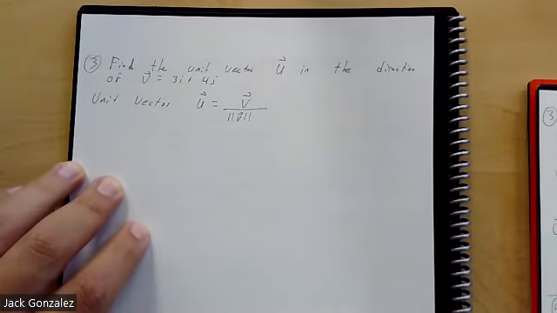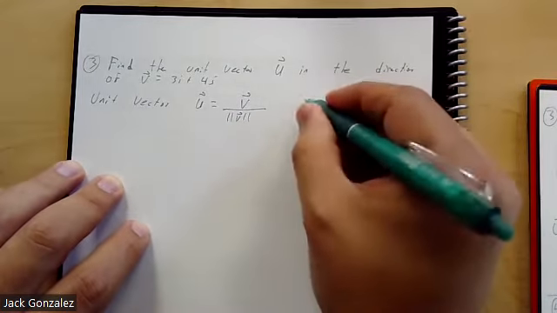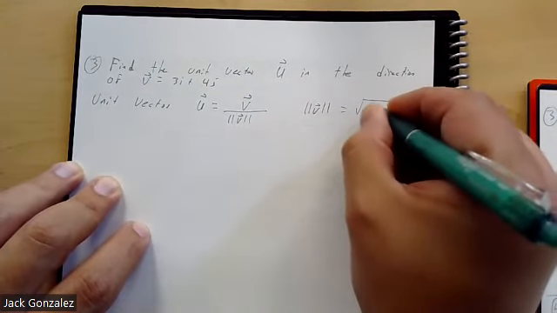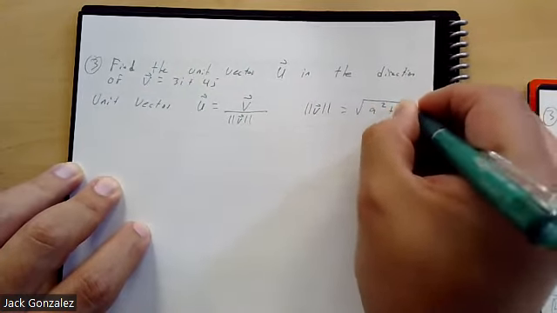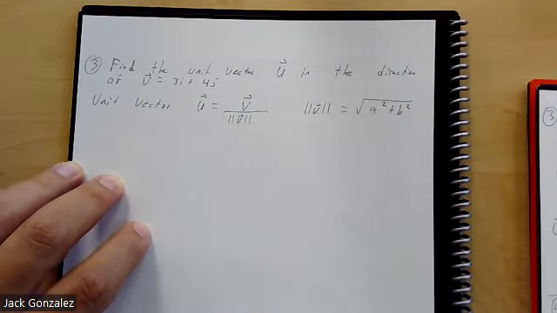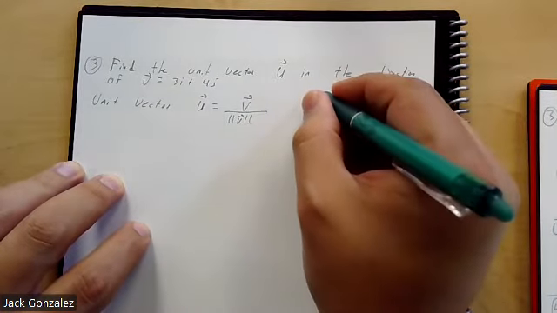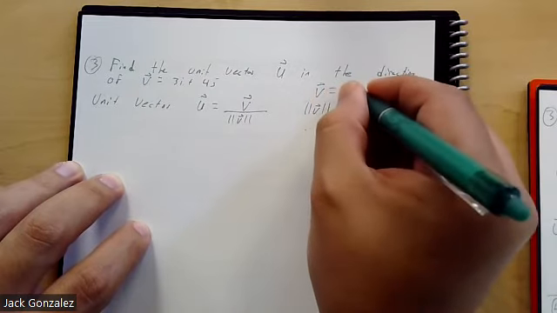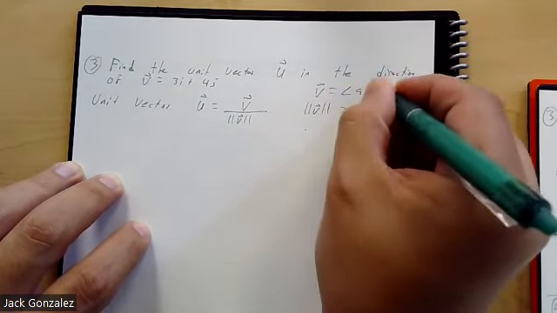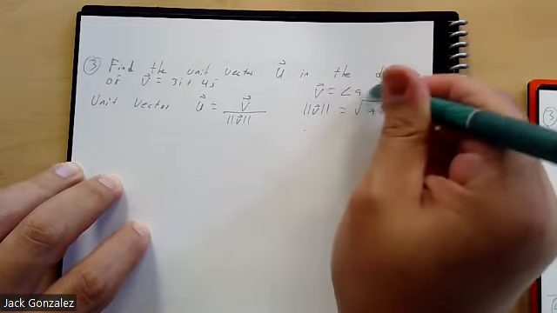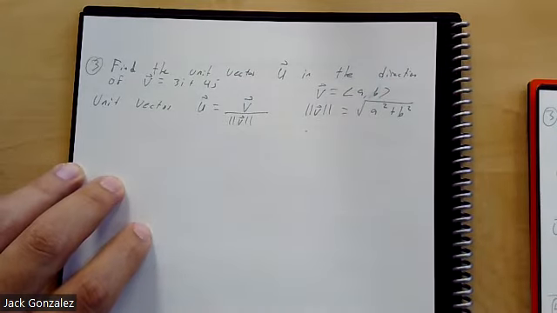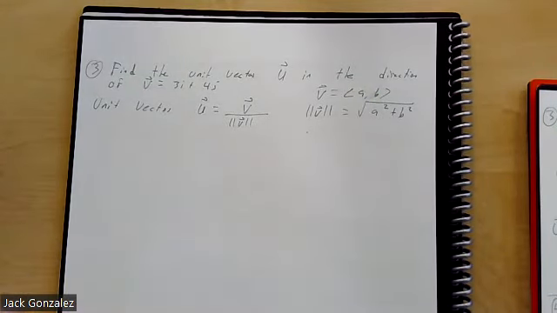That's it. And of course, we should know that magnitude is equal to the square root of each component squared, where v is equal to a comma b. Which would be the 3 and 4, right?